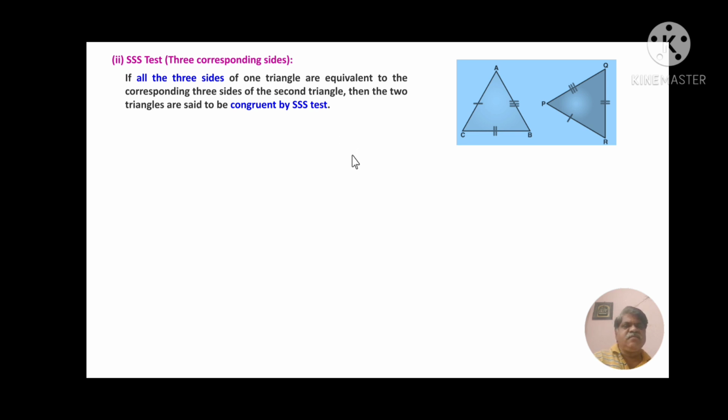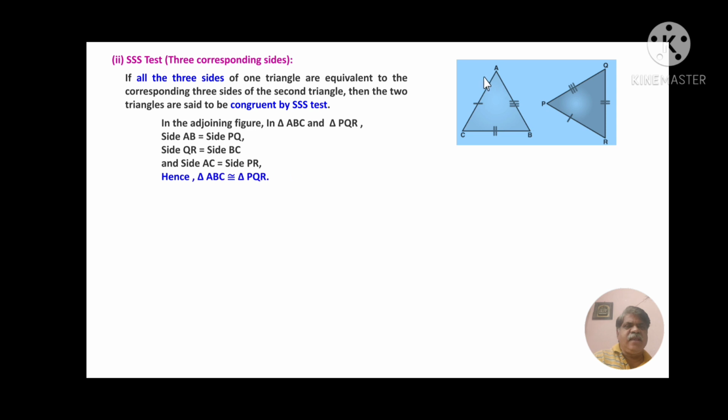The corresponding sides are shown with identical marks. So in triangle ABC and triangle PQR, AB is congruent with PQ, BC is congruent with QR, and AC is congruent with PR. Therefore, you can say that triangle ABC is congruent with triangle PQR.